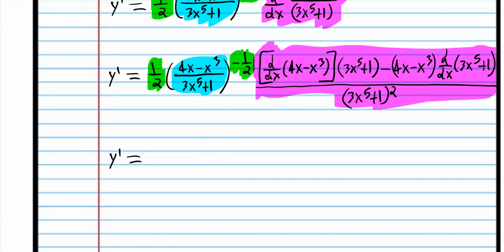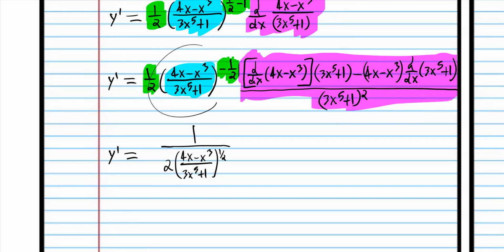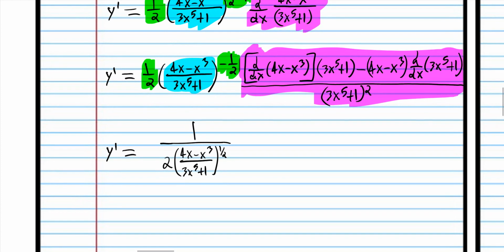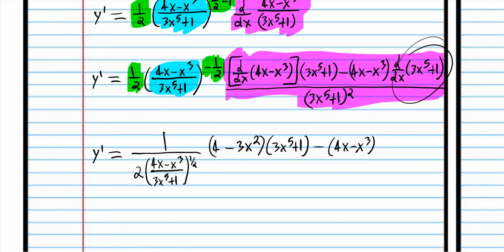So I'm going to go ahead and change this. We have a negative exponent, so I'm going to bring that down to modify this expression here, because we have a fraction exponent, so we have to deal with that fraction exponent also eventually. So the derivative of this expression here is 4 minus 3x squared, and the derivative of this expression is 15x to the fourth.